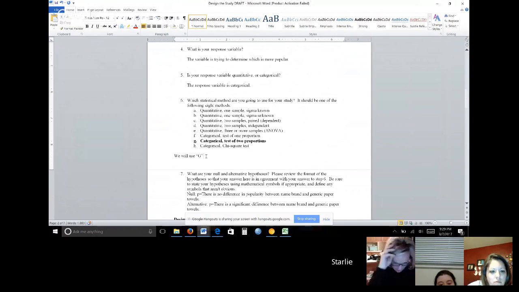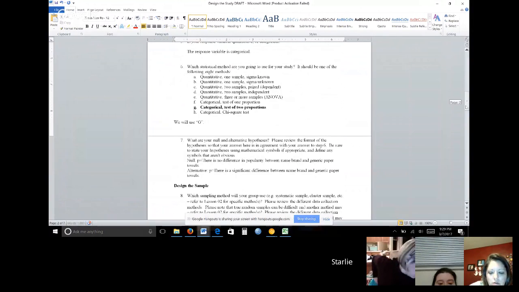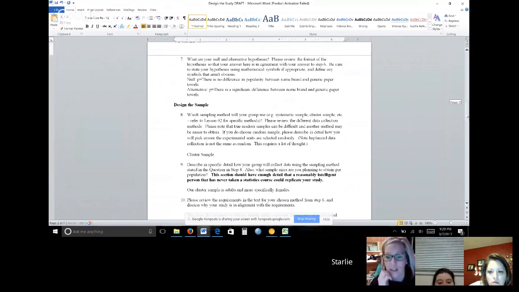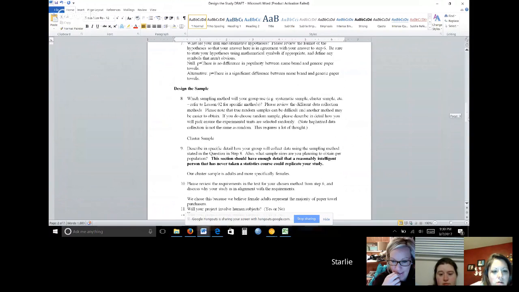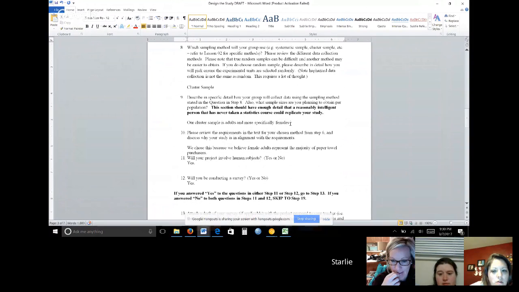Oh, maybe this one. Review the different data collections. Note the true sample would be difficult if you chose a random sample. Okay, here we go. Describe in specific detail how your group will collect data. This section should have enough detail that a reasonably intelligent person.